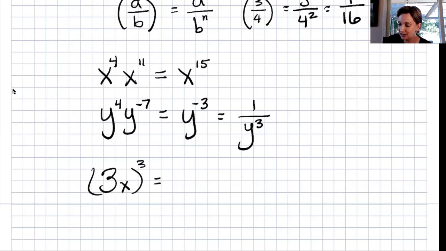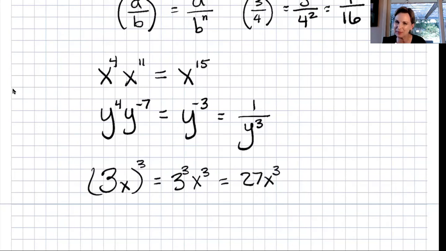So it's going to be 3 cubed and x cubed. And 3 cubed is not 9. 3 cubed is 27. So it's 27x cubed.